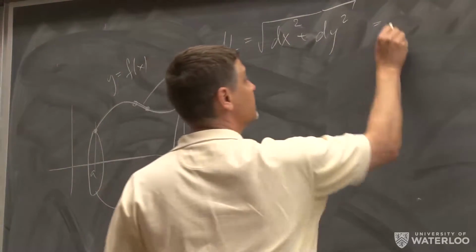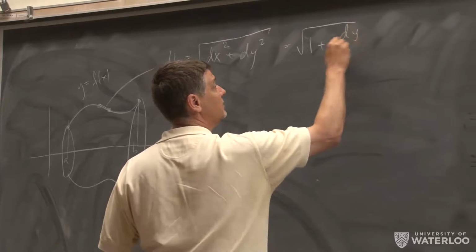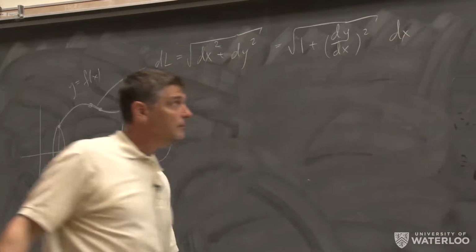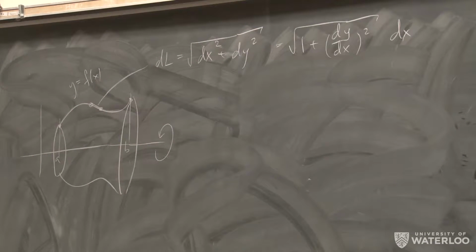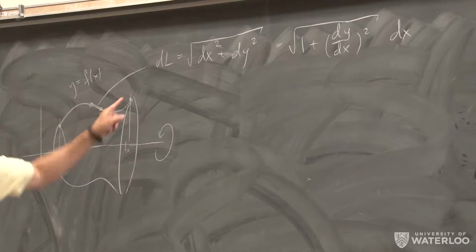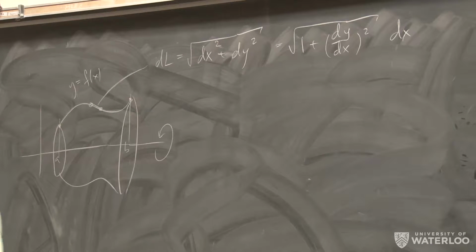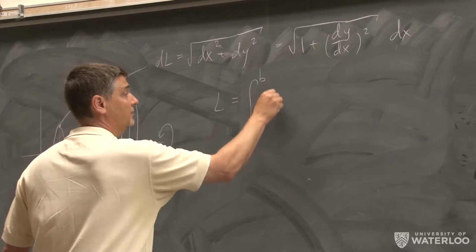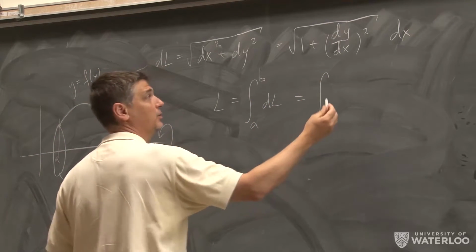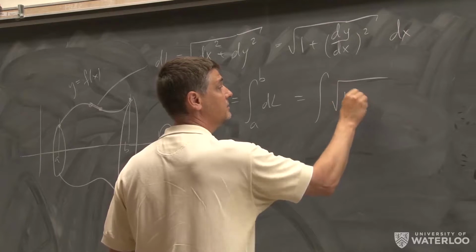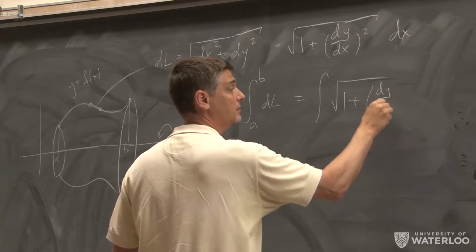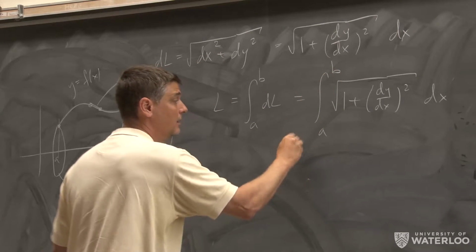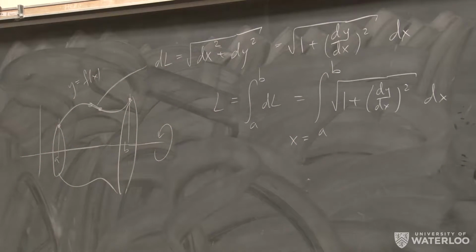And you could write this as the square root of 1 plus (dy over dx) squared dx. And then you can treat it as a Riemann sum, and the total length is approximated by a sum of these, and the actual length is the integral from a to b of dl, which I'd write as the integral of the square root of 1 plus (dy/dx) squared dx from a to b. That's your length. Okay, a formula giving the length.